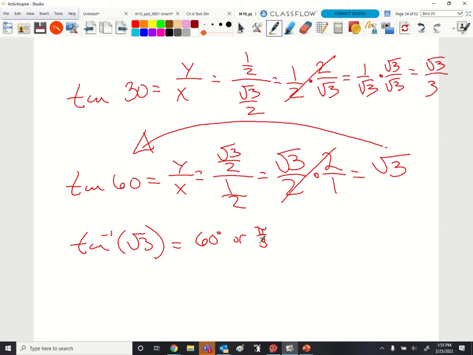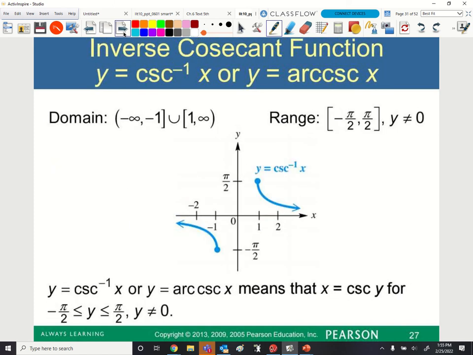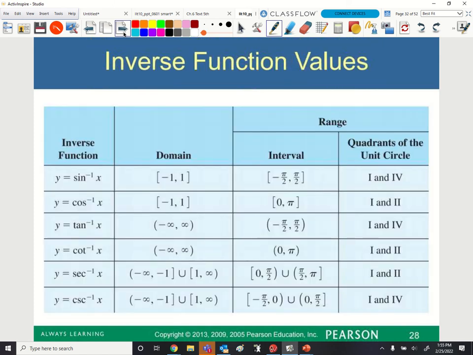All the other times we've been given the angle, we have to find the end result. So now we're going backwards from this. If you look right here, you could do all of these now.